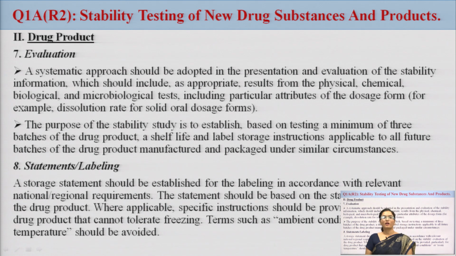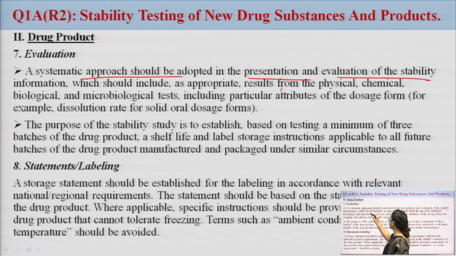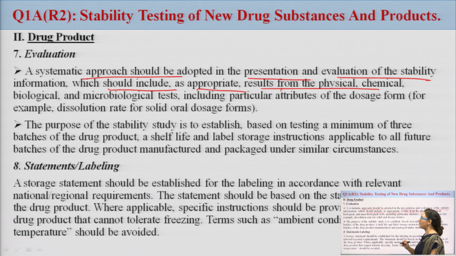Next thing is evaluation. A systematic approach should be adopted in the presentation and evaluation of stability information, which should include, as appropriate, results from the physical, chemical, biological, and microbiological tests, including particular attributes of the dosage form, for example, dissolution rate of solid oral dosage form.